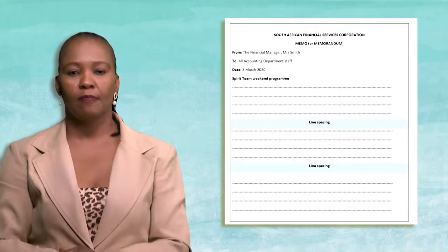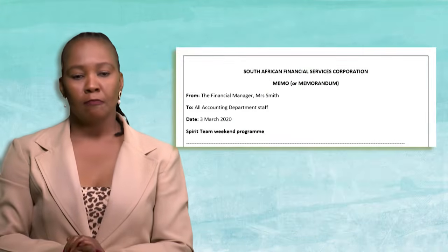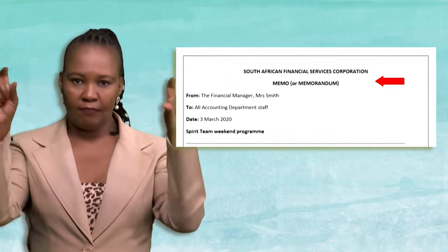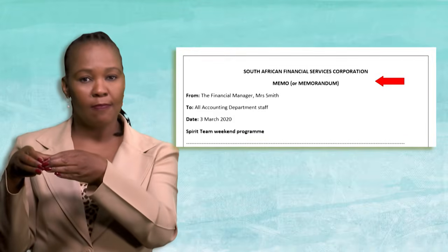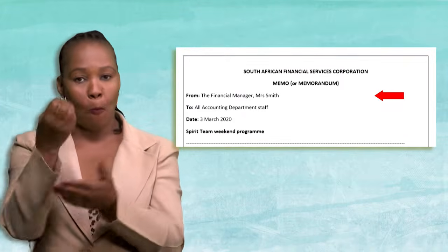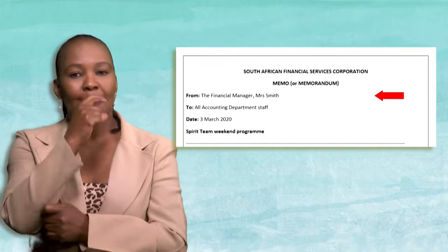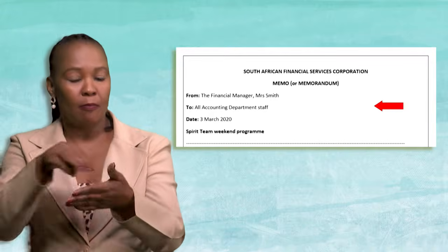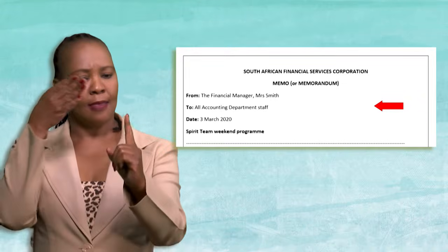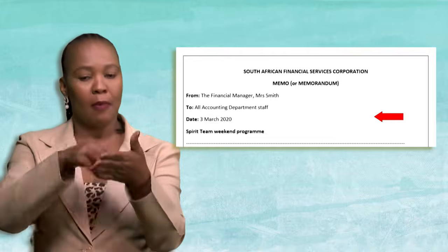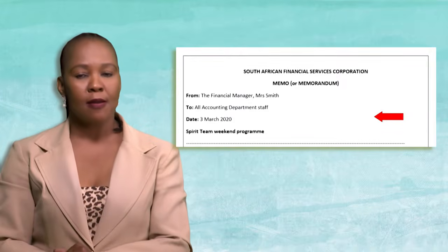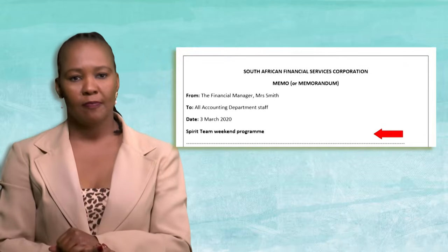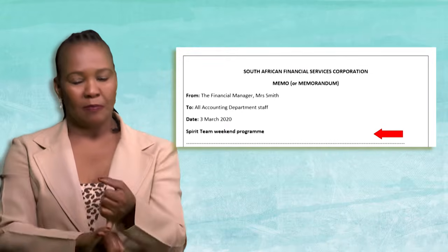The following information should appear in the header in the following order: the name of the organization, the heading memo or memorandum, the name and position of the person who has sent the memorandum, the intended recipients of the memo, the date that the memo has been circulated, and the subject matter of the document.